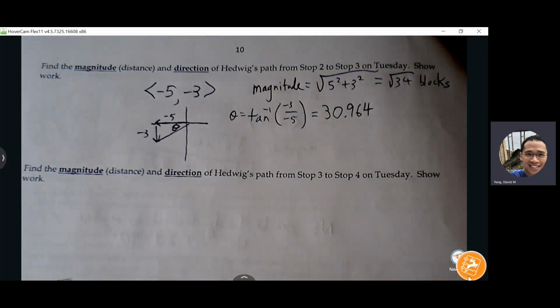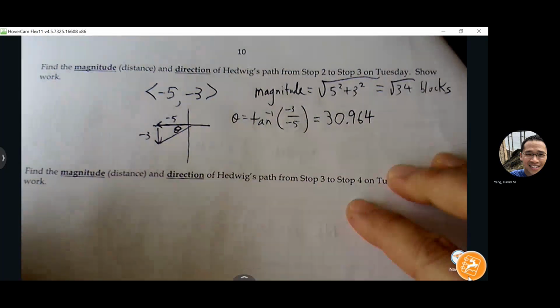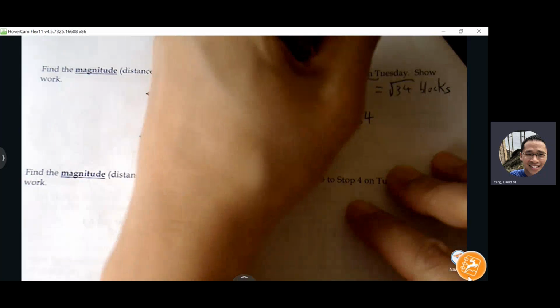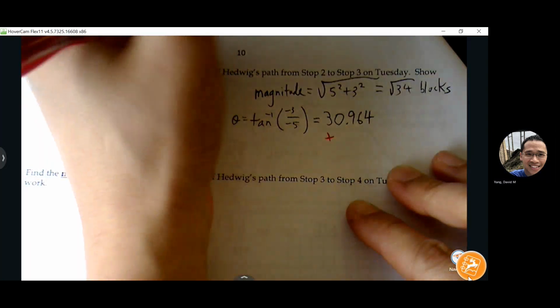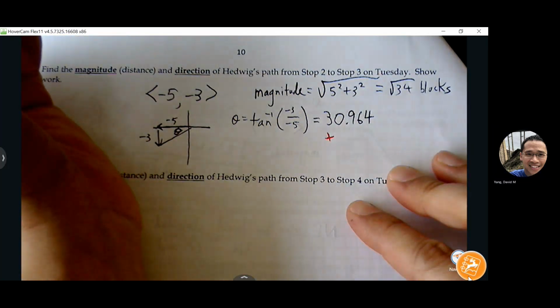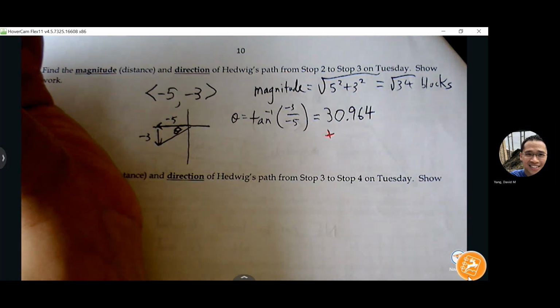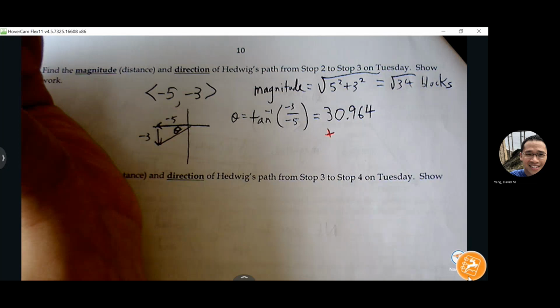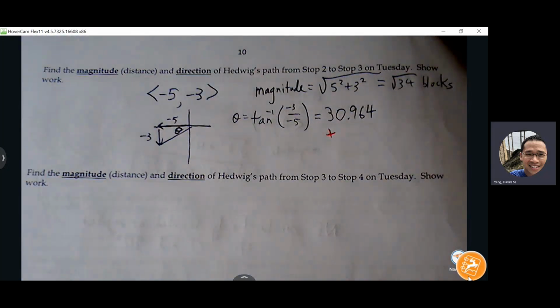I get a reference angle, but I need to do what with that? Third quadrant, so plus. Plus what? How do I get to my third quadrant measure?